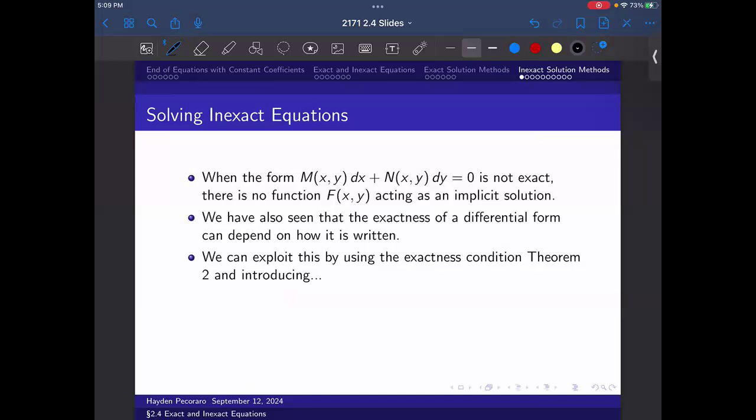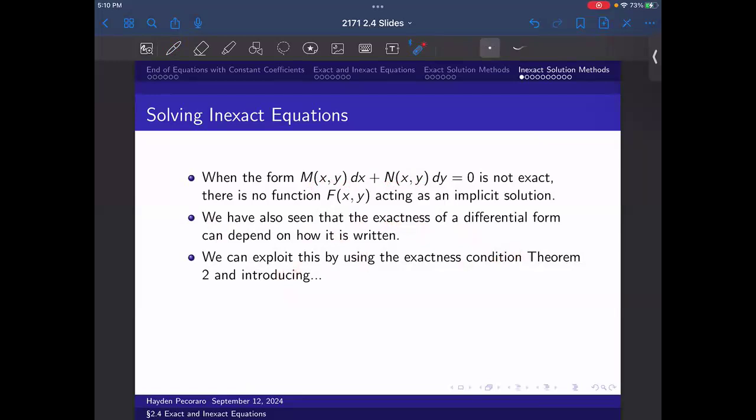All right, so what happens when things are inexact? You take this form and you take their derivatives and it doesn't work out. They're not equal. So the exactness can depend on how things are written, right? If we multiplied, or if we wrote that other example in one way versus the other, it might not be exact.